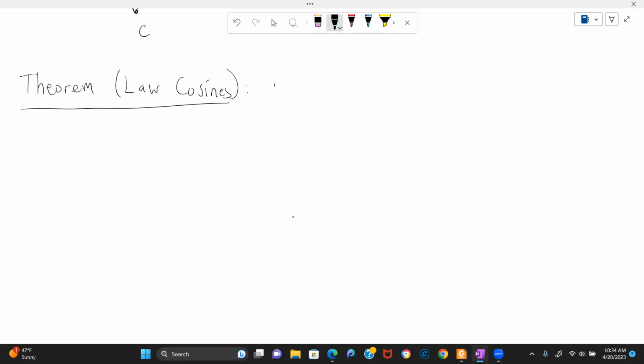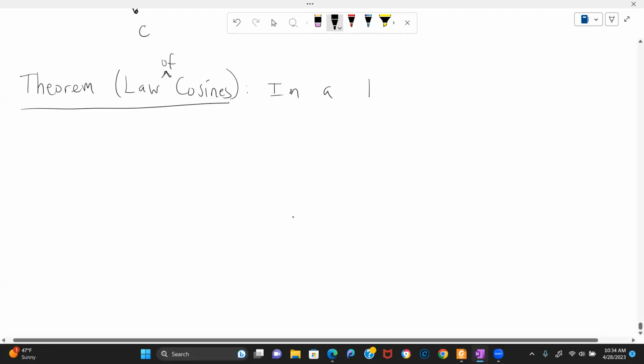So the law of sines says that in a triangle A, B, C, we have the following equations that hold. The first one says a squared is equal to b squared plus c squared minus 2... oops, it's not working again.